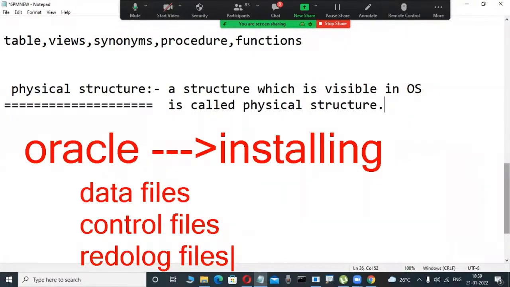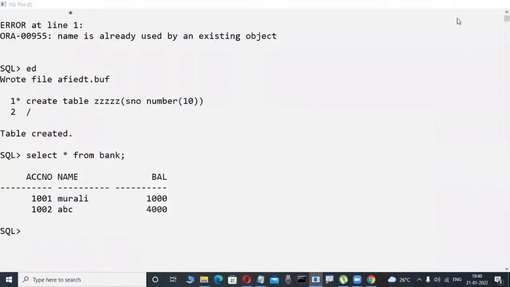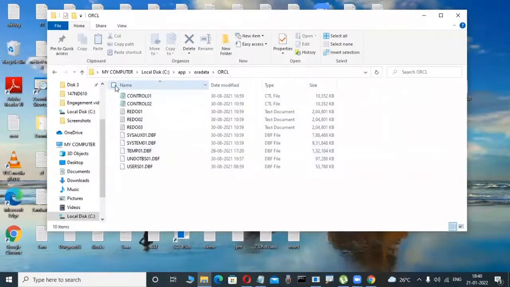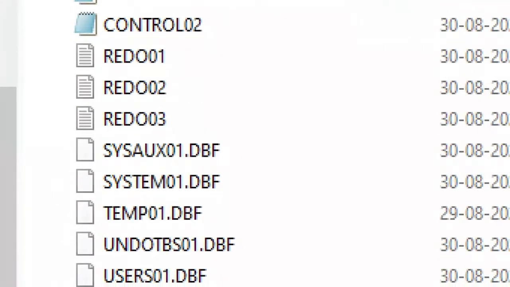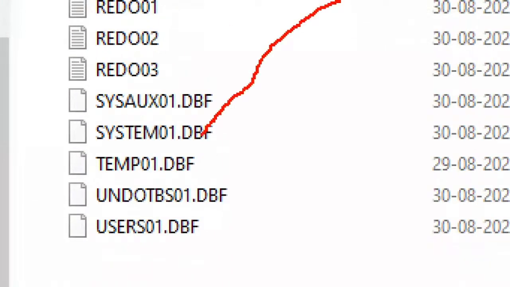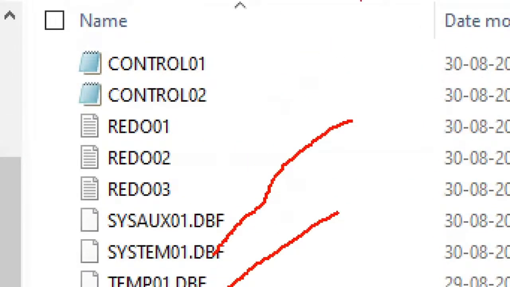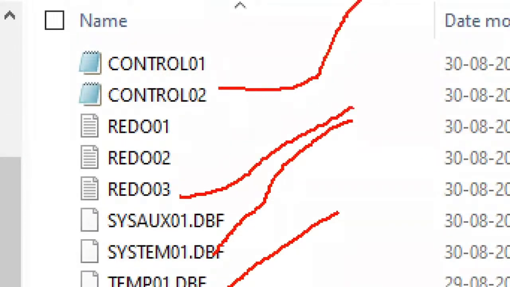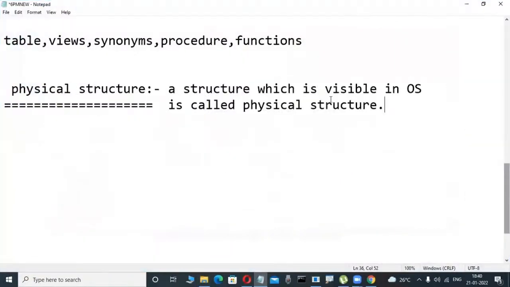Whenever I'm installing Oracle software, some files are created in a disk, in the C drive or D drive. These are data files, .dbf files. Later you will be familiar with control files and redo log files. That is called a physical structure.